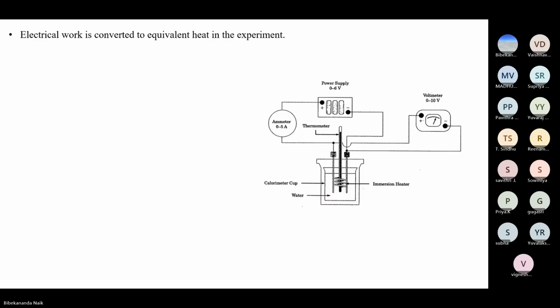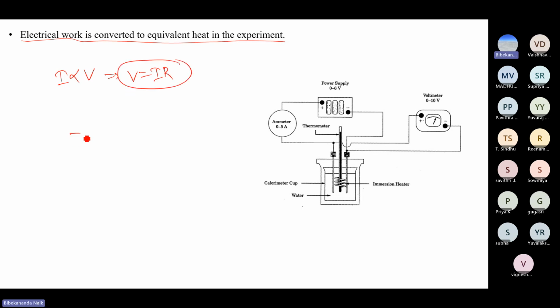So in the experiment that was performed in the lab, what was done? In that experiment, the electrical work is converted into equivalent heat. So how is the electrical work formed? We know if current is flowing, V is directly proportional to I, so V equals IR.